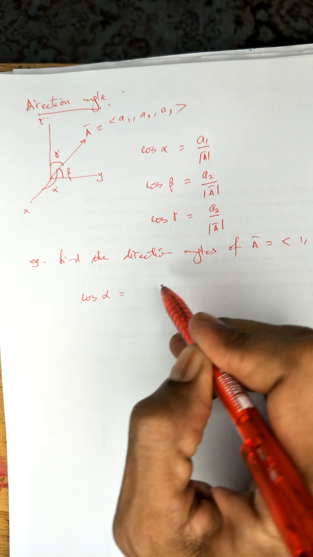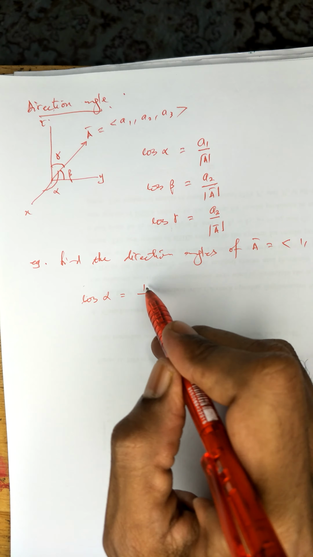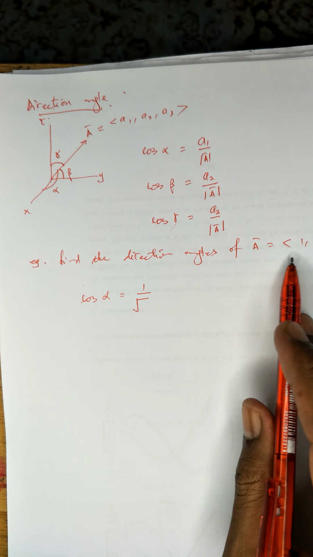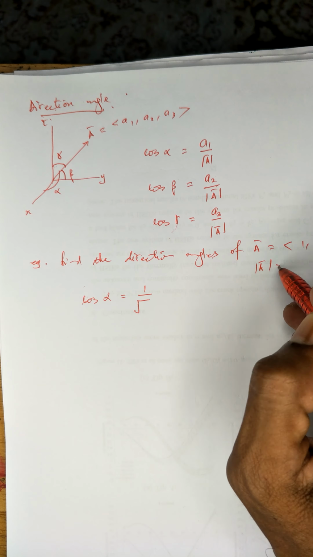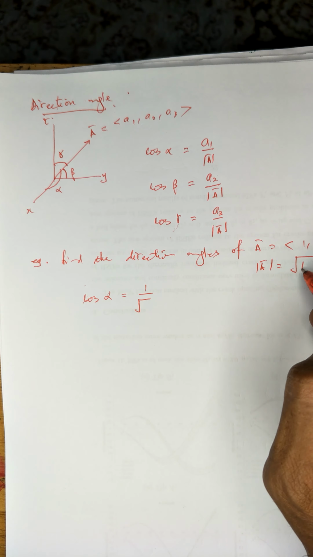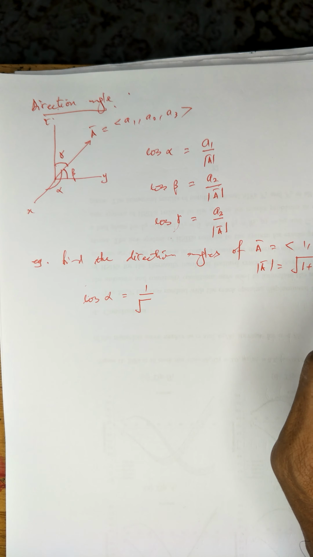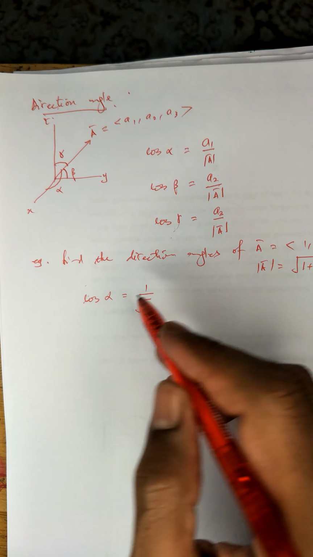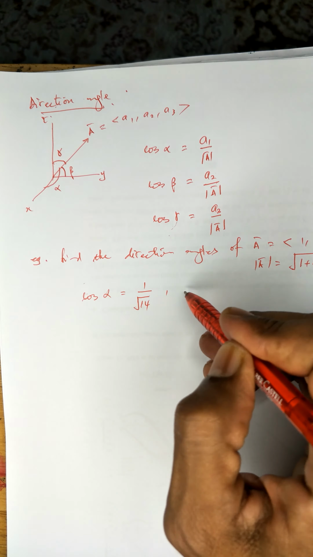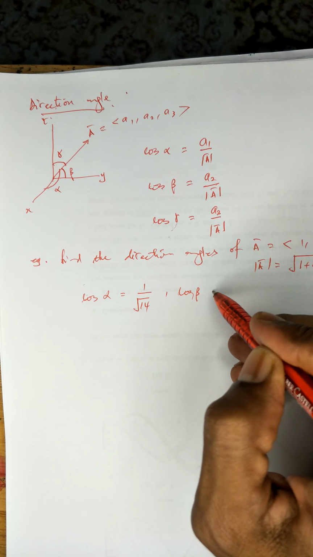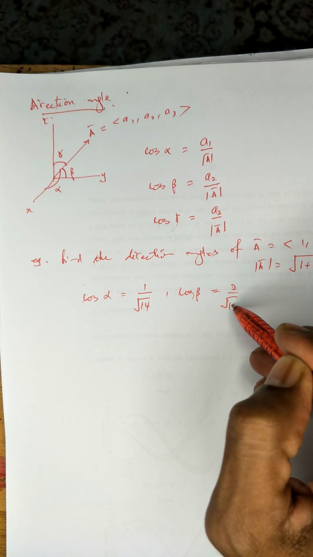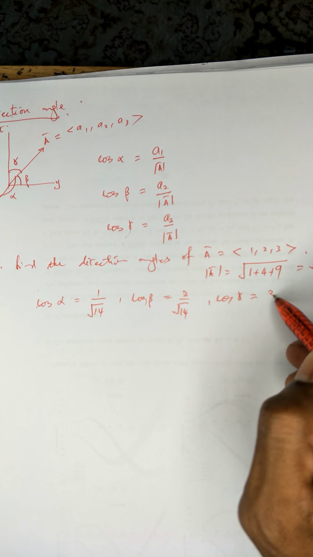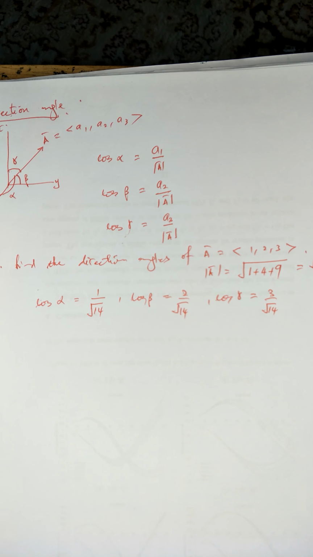So cos alpha, we can find that this is 1 over the magnitude of A. What is the magnitude of A? It is the square root of 1 plus 4 plus 9, right? So we have 14, so this is square root 14. So cos alpha is 1 over square root 14, cos beta is 2 over square root 14, and cos gamma is 3 over square root 14.